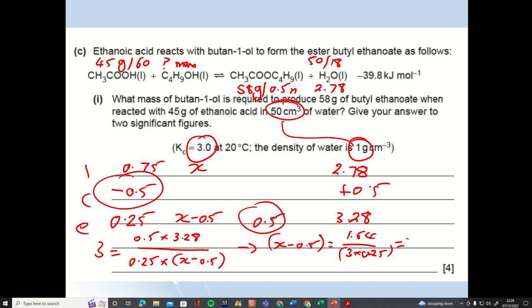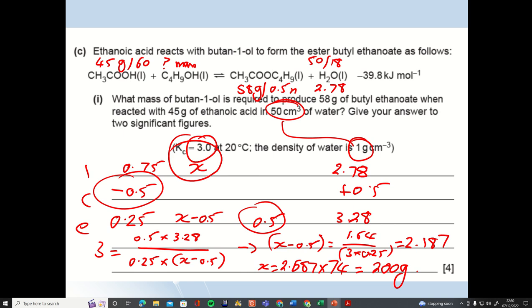That equals 2.187, so x is therefore equal to 2.687. Remember, that's the number of moles of x that I have to have up here. The RFM of the butan-1-ol is 74, so that times that gives me, I would need to start off with 200 grams of the butan-1-ol.